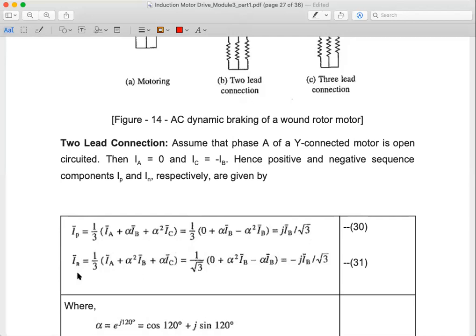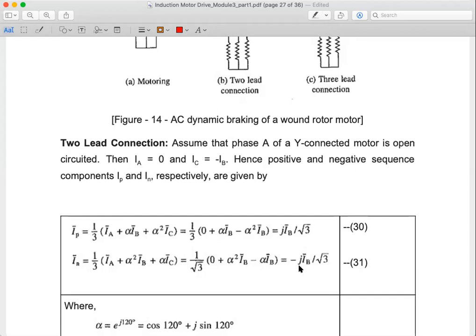And what is the negative sequence component? The negative sequence component is 1/3 (IA + alpha square IB + alpha IC). The phase sequence is opposite, so here it is alpha square and here it is alpha. Substituting again, IA is 0, and in place of IC it is minus IB, so we get alpha square minus alpha.